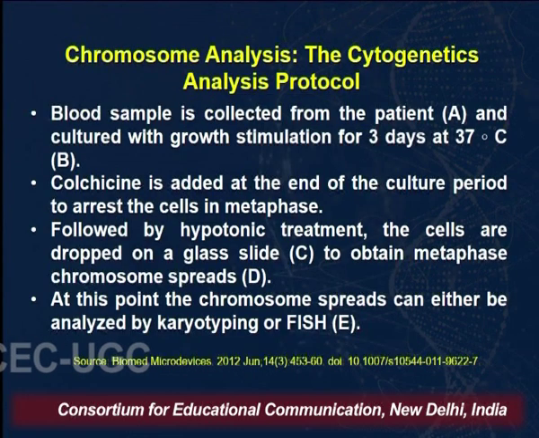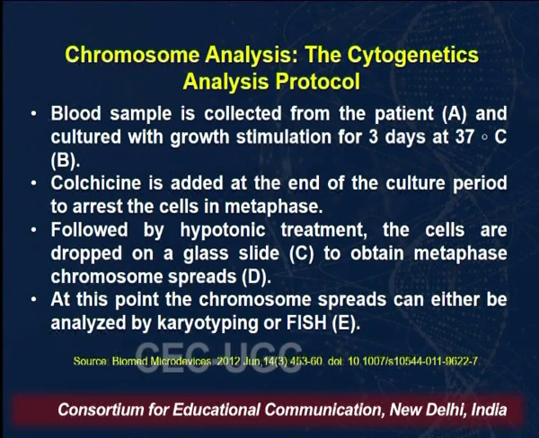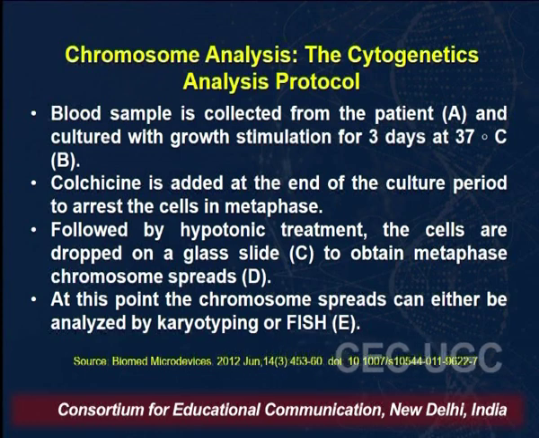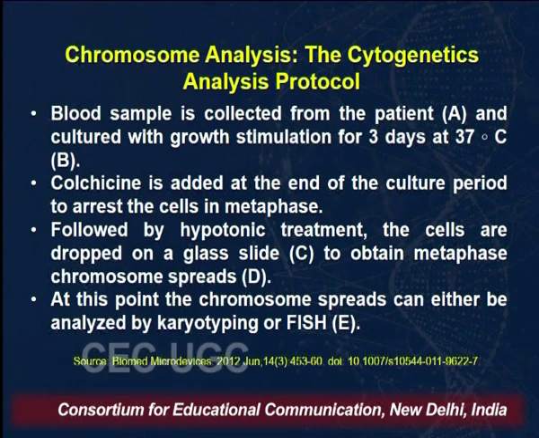Now, in this particular process, first the blood samples are collected from the patients, then they are cultured with the help of growth stimulants for 3 days at 37 degrees Celsius. Then a chemical called colchicine is added at the end of the culture period, which helps in arresting the cell in metaphase.